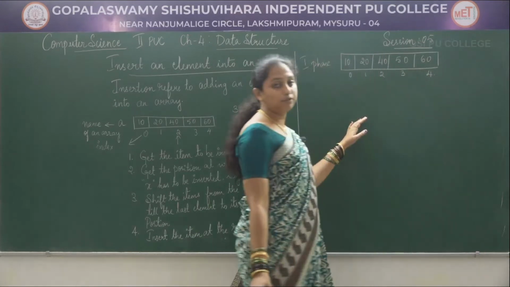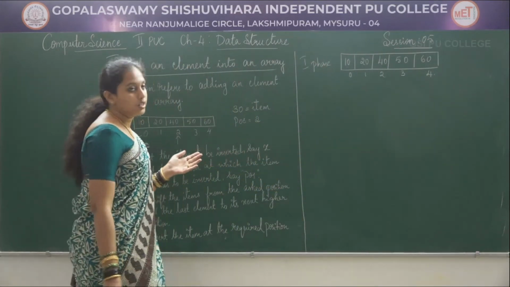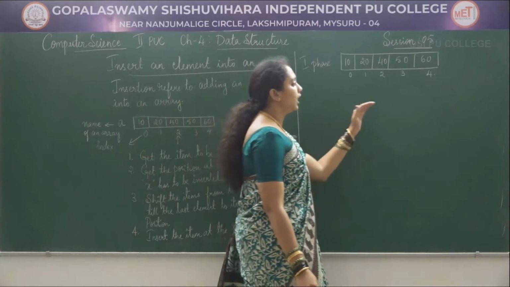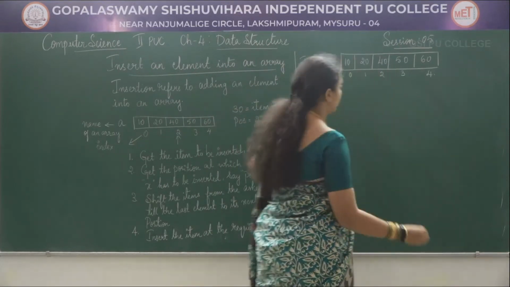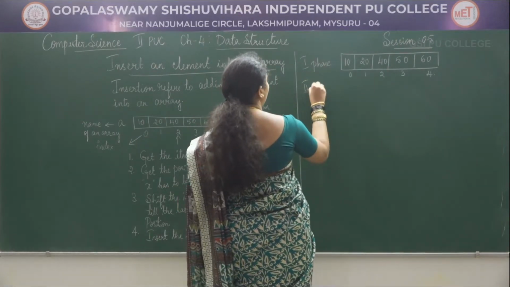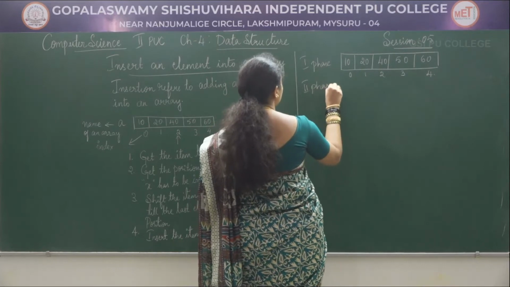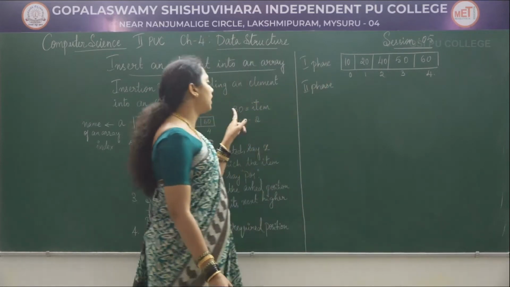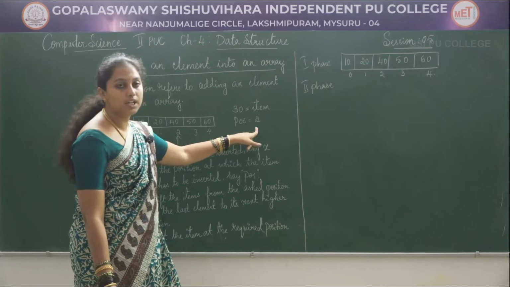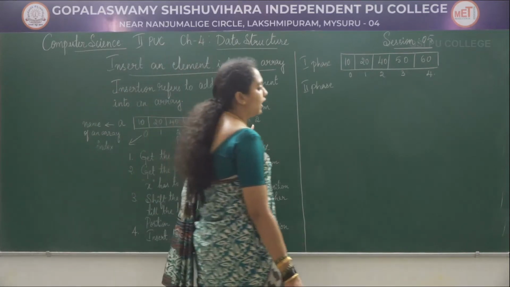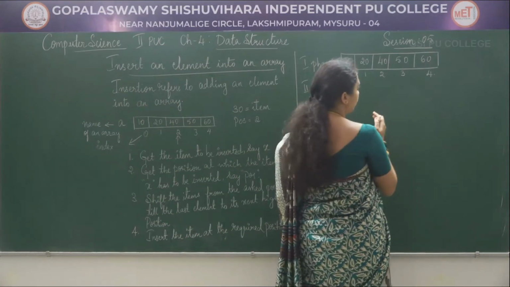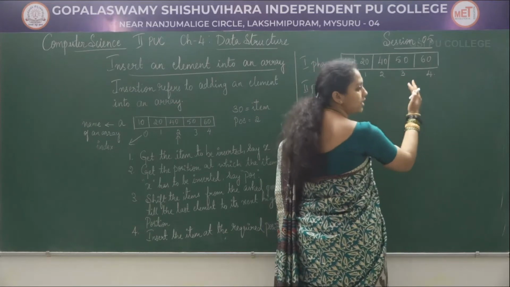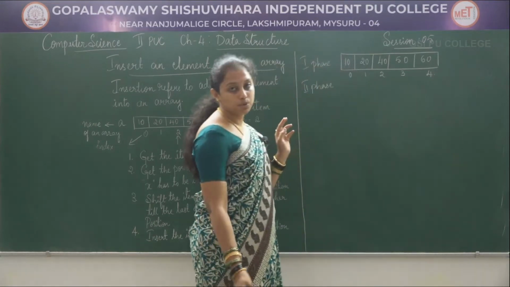So this is before insertion. So before insertion the array will be like this. I want to add an item called 30 at position 2. For that, what do we have to do? We have to shift the items to their next higher position.